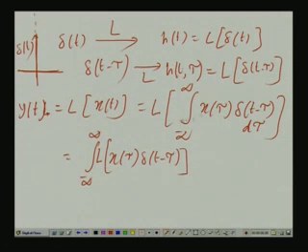Earlier I was taking the response by first summing the various inputs by the integral, then applying the system to the input. Because of linearity, that would be the same as first applying the individual inputs x(tau) times delta(t minus tau), getting the corresponding response, and then summing the individual responses by an integral. And remember, only delta(t minus tau) is a function of time; x(tau) is just an amplitude. So L will work only on this.